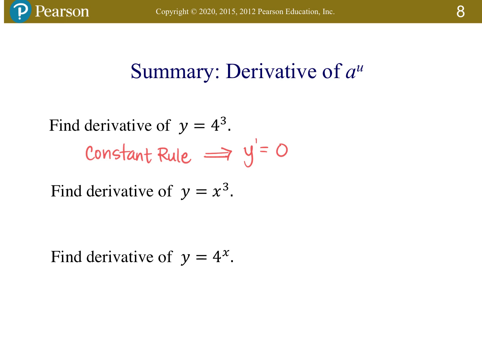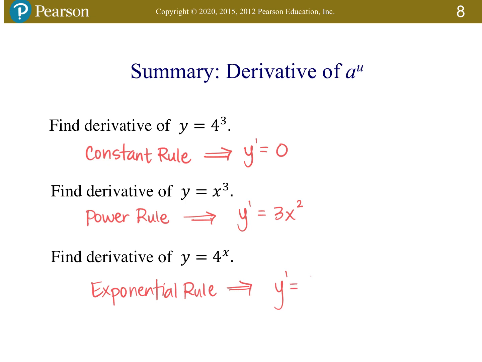Okay. What rule do I need for the next one? That one is the power rule because of where x is situated. And so then my power rule tells me that y prime is 3x, subtract 1 when I get to the second. And then my last one is the exponential rule because x is in the exponent.